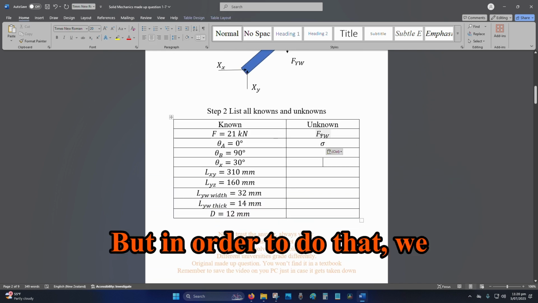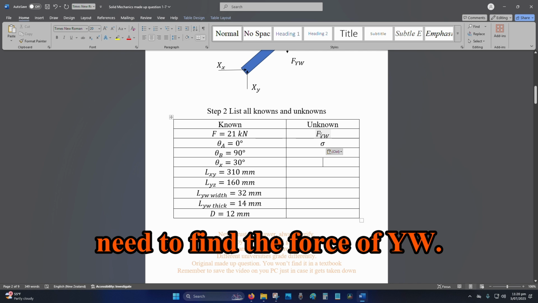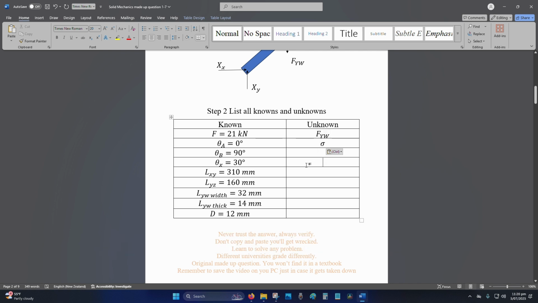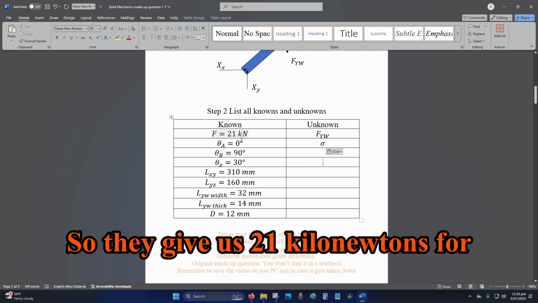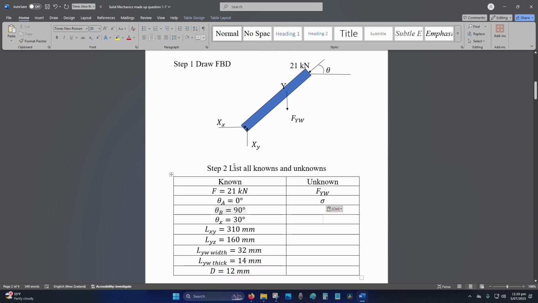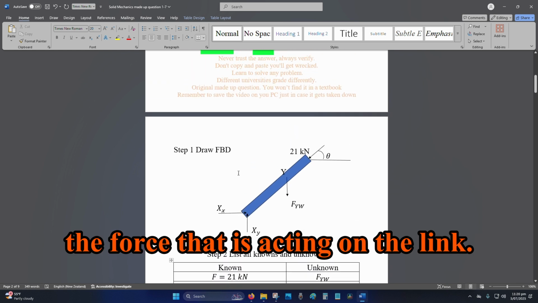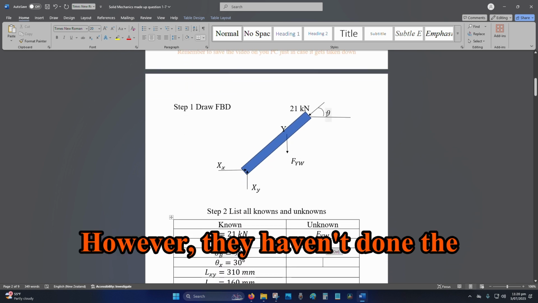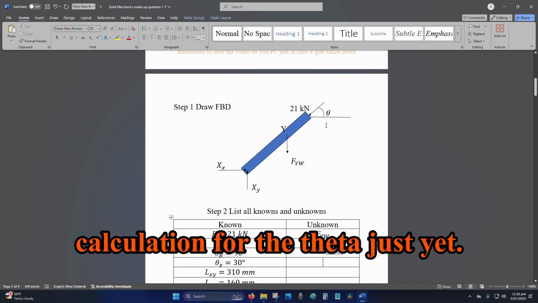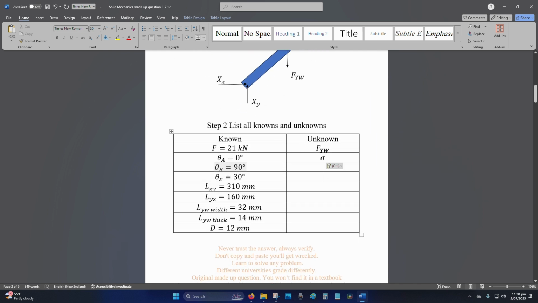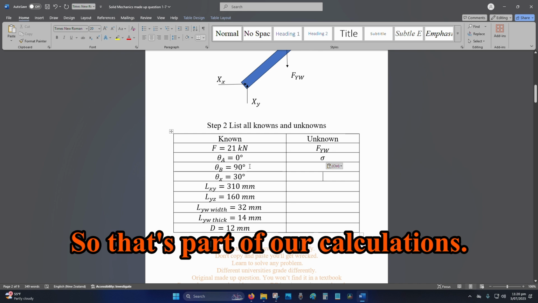But in order to do that, we need to find the force of YW. So they give us 21 kilonewtons for the force that is acting on the link. However, they haven't done the calculation for the theta just yet. So that's part of our calculations.